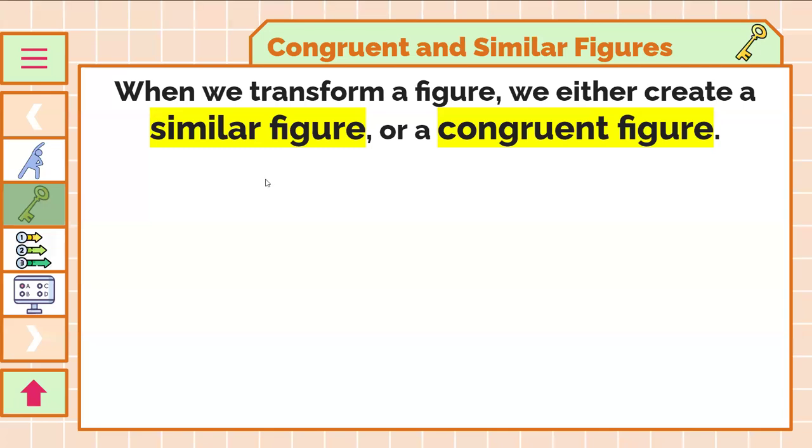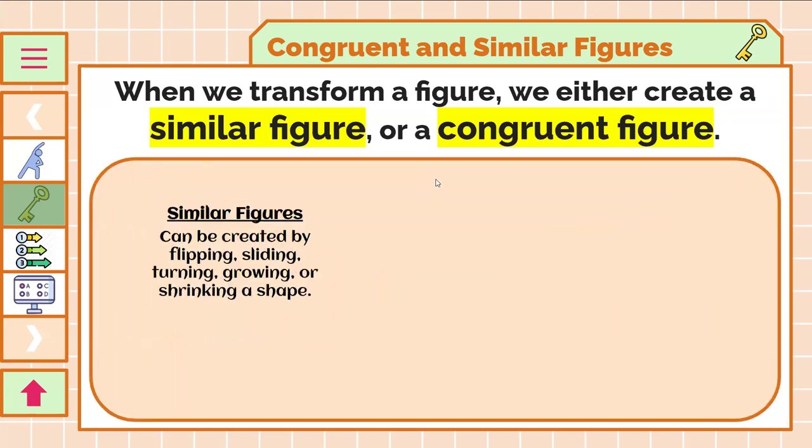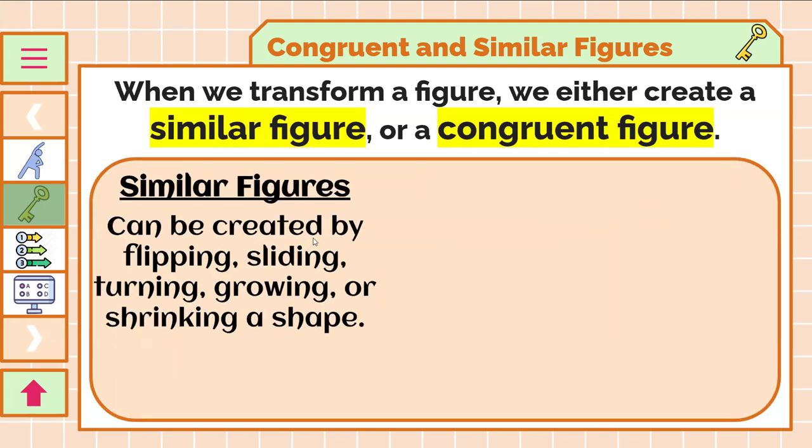So we can talk about the next thing, congruent and similar figures. When we transform a figure, those transformations we were just showing, either you slide it, you flip it, you turn it, or you make it bigger or smaller, we either create a similar figure or a congruent figure. First, similar figures. Similar figures can be created by flipping, sliding, turning, growing, shrinking a shape.